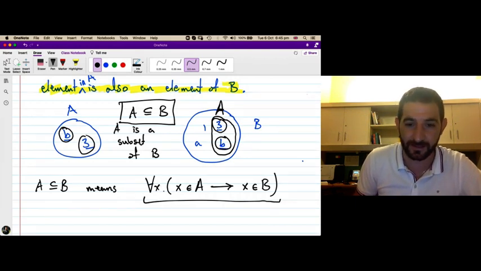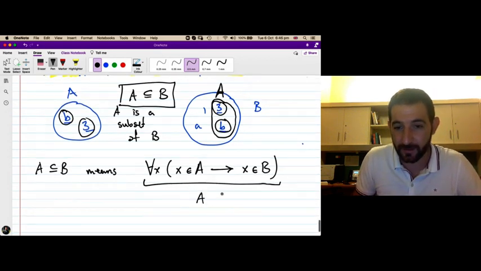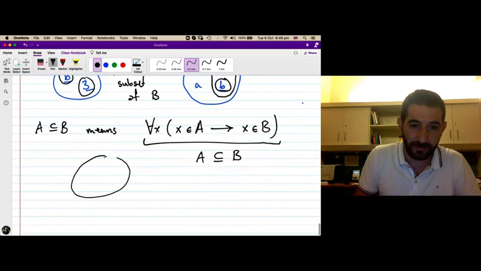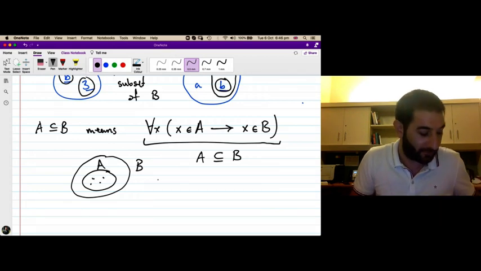Every element X, if it is in A, then it is in B. Okay, this is exactly the meaning of A being a subset of B. Okay, and again, the Venn diagram is, this is B, and every element of A is contained entirely, or every element in A is also an element of B.